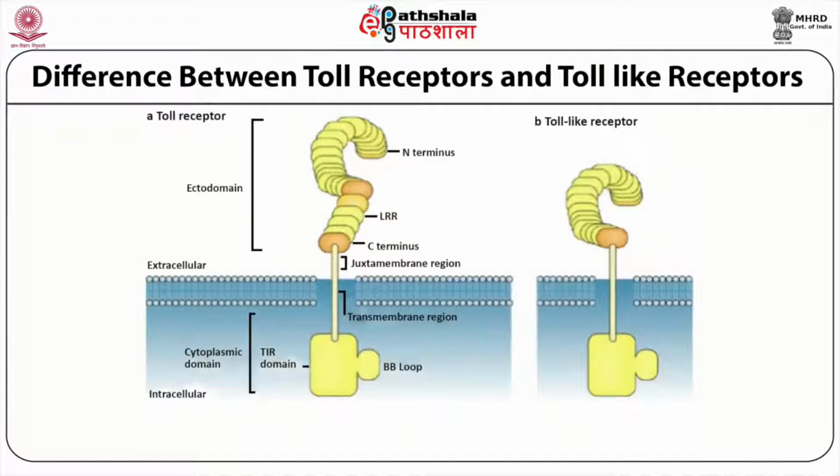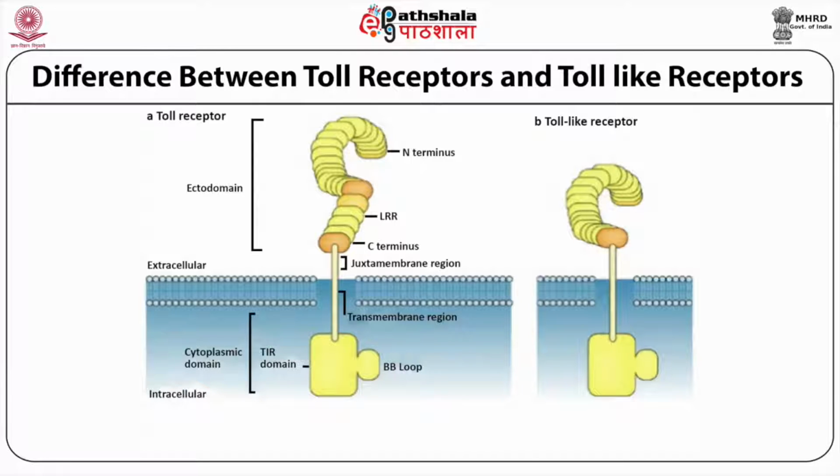Toll-like receptors have different structures in the extracellular domain as compared to the toll receptors initially observed in the fruit fly. The A part of the figure shows the toll receptor, and you can see that the extracellular part structurally looks very different from the toll-like receptor.